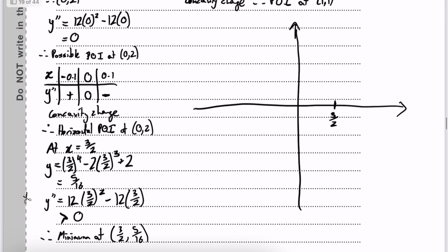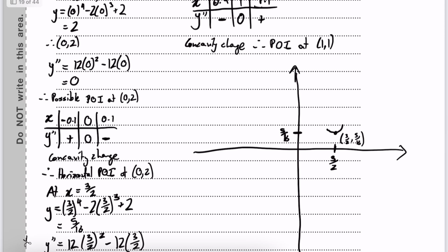Okay, and it's a minimum, so let's just call it there, and that means this is 5 on 16, and you can label it here, so 3 over 2, 5 over 16. Okay, you know that this is a minimum, so we're going to be slightly increasing at this point. We know that there is a horizontal point of inflection at 0, 2, so let's call that there.